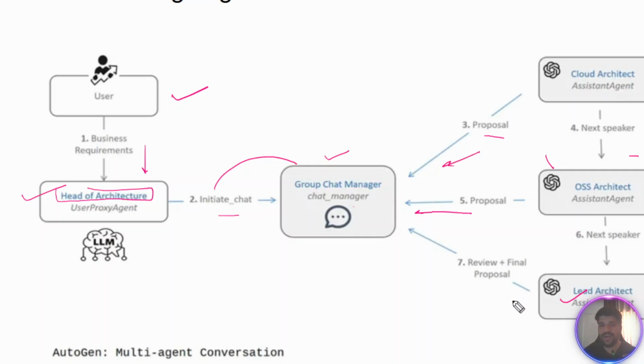Finally there is a lead architect who will review the open source architecture and the cloud architecture and give our final proposal to the head of the architect. So this is how our multi-agent conversation will happen. I hope you understand what we are going to build in a multi-agent conversation.